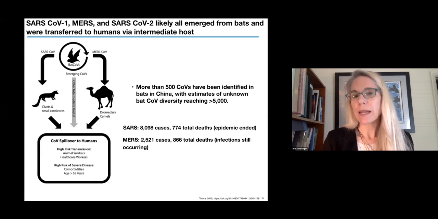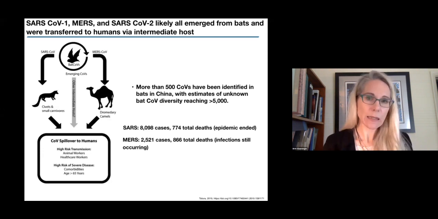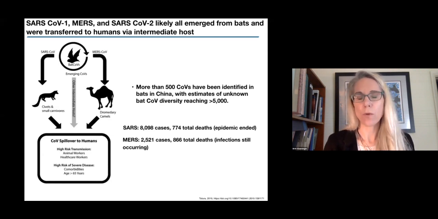That outbreak led to 8,098 cases with 774 total deaths, and that epidemic has ended. So the last known SARS cases was a small laboratory-based outbreak in 2004, and there have been no additional SARS coronavirus cases since then. So that epidemic was brought well under control within a year.